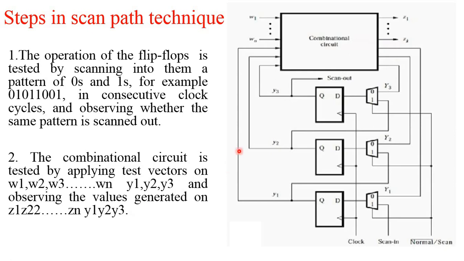In order to test the sequential circuit, one method is the scan path technique. In the scan path technique, we apply the scan-in here. Why? Because a multiplexer is used, and the multiplexer will act as a shift register. We use a multiplexer to overcome the difficulties in sequential circuit testing.